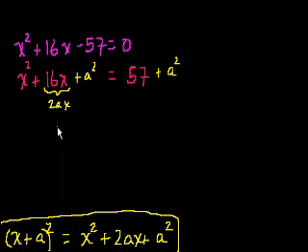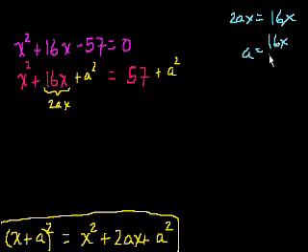Well, how do we do that? If this expression right here is 2ax, what is a? Well, 2a is going to equal 16, so a is equal to 8, and you could usually do that just by inspection, in your head. But if you wanted to see it done algebraically, you could write 2ax is equal to 16x, and then divide both sides by 2x, and you get a is equal to 16x over 2x.